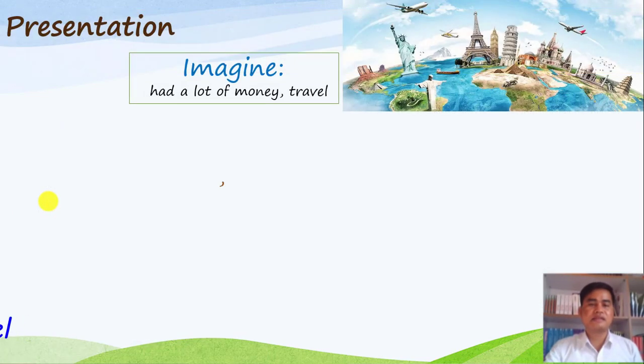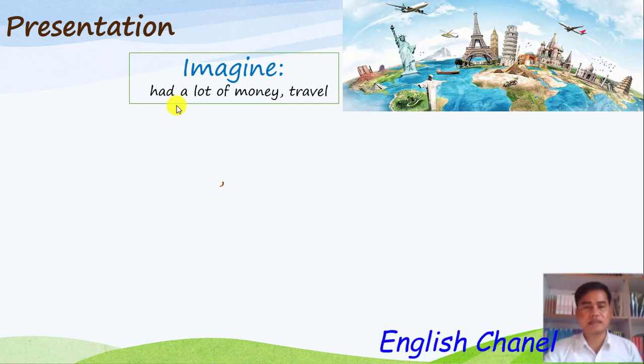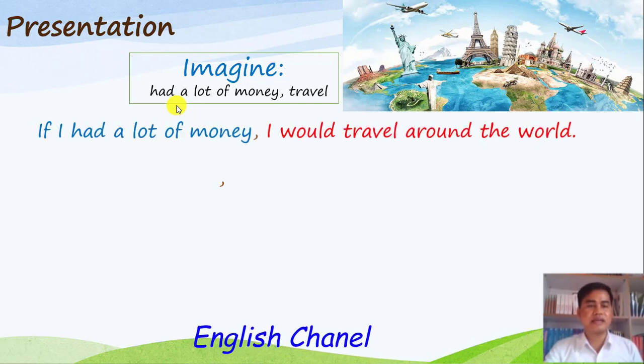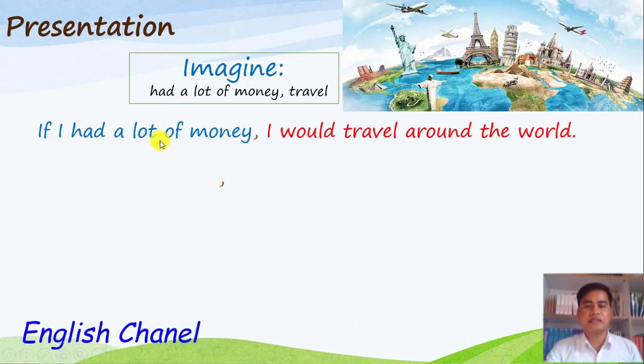Okay, now let's take a look at this one. Imagine you had a lot of money and travel. So you use this prompt to make an example. Let's do it now. If I had a lot of money, I would travel around the world. So in this sentence, we separate it into 2 parts.